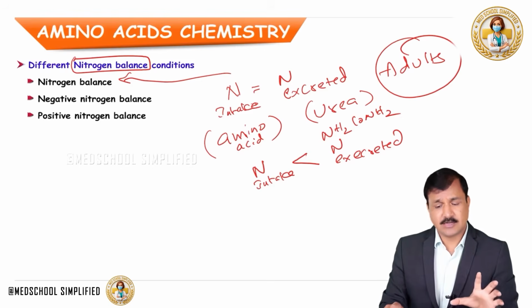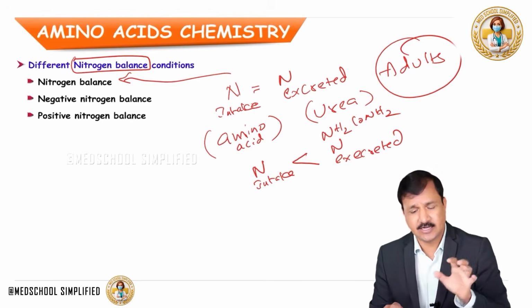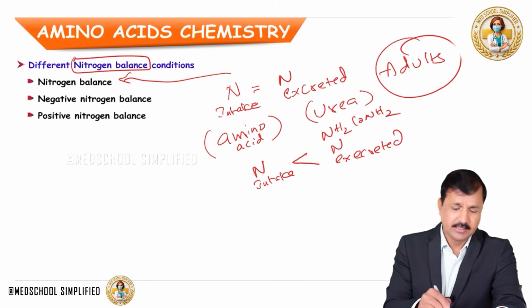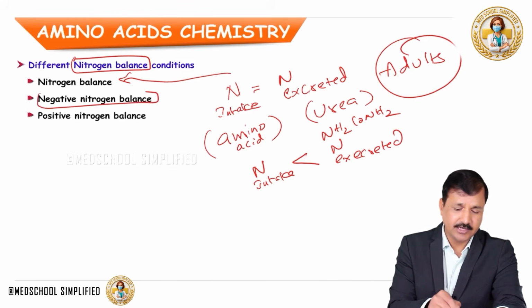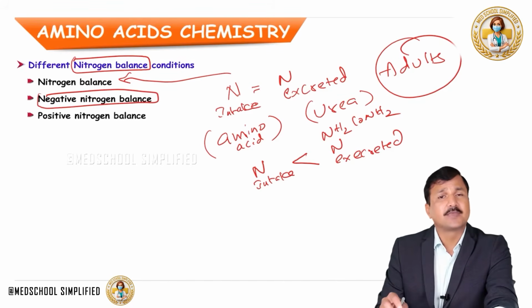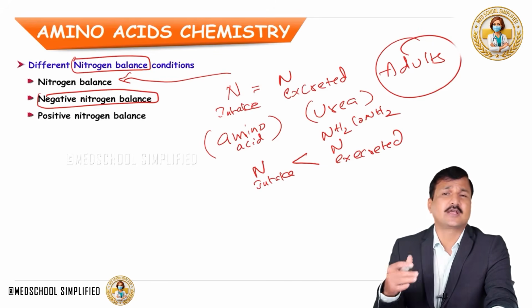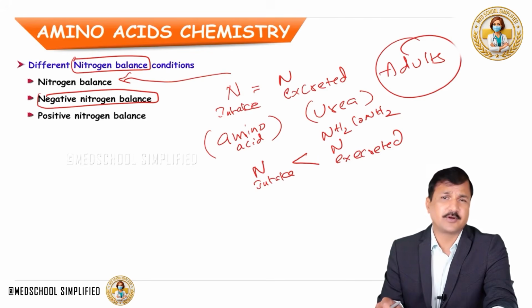So that means nitrogen coming into the body is less than the nitrogen that is going out of our body. That is what is referred to as negative nitrogen balance. An example is starvation, when the person is not eating, or when a person is suffering from chronic disorders, or having any issues going on for a long period of time.